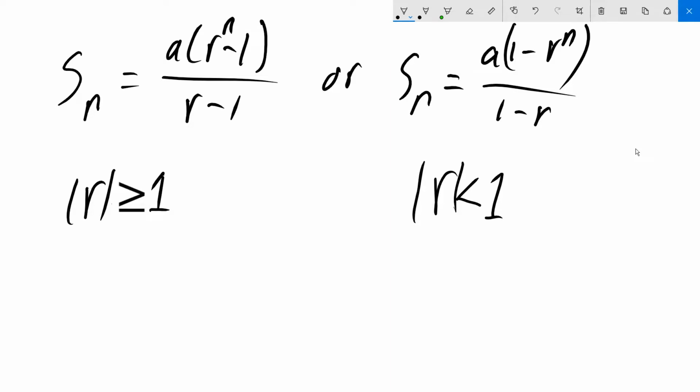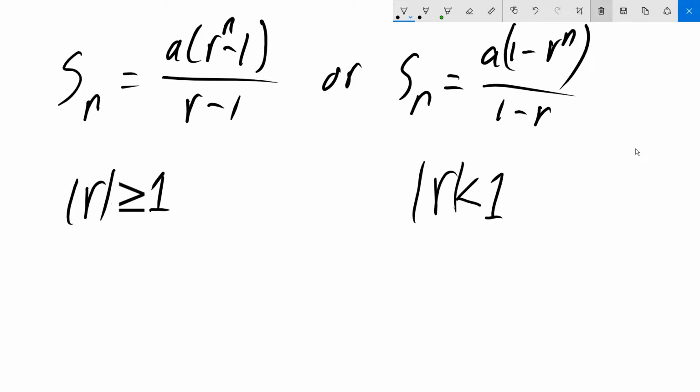What this does is just cancel out negatives. So if r was less than 1 here, we won't get a negative in our denominator, and if r was greater than 1 here, we won't get a negative in the denominator again, because we can't have some sort of negative sum from a positive rate, if that makes sense.